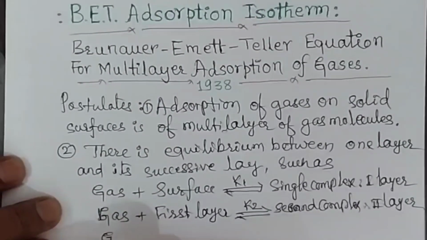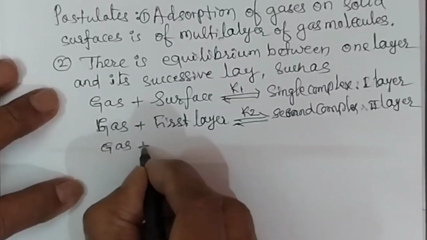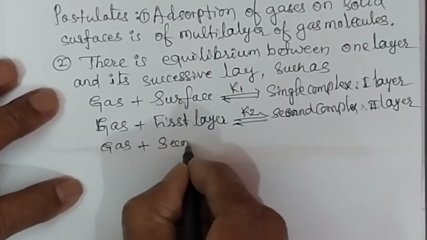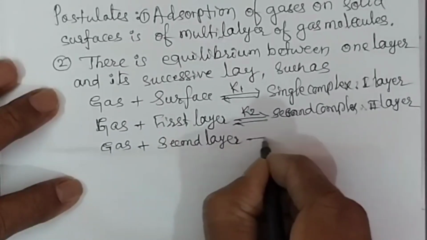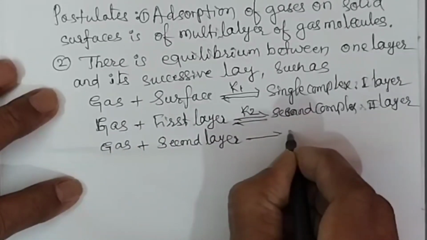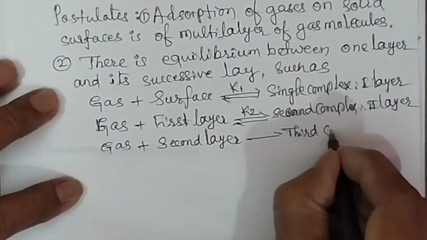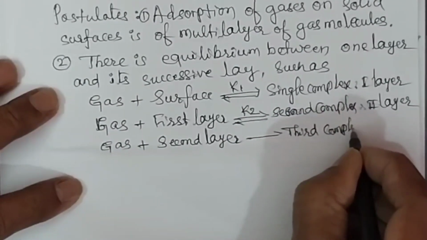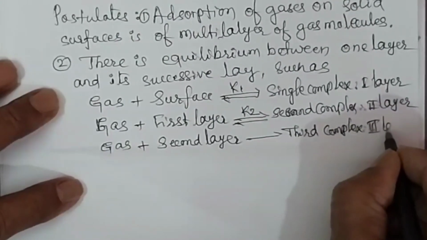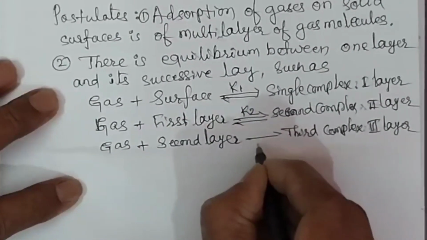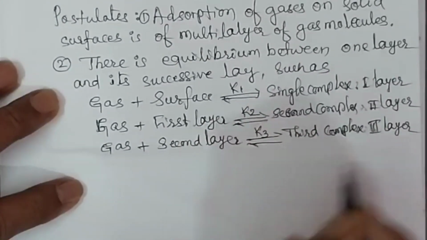And another molecule of gas adsorbs on the second layer, forming the third complex, or this is called the third layer, and this is with equilibrium constant K3.